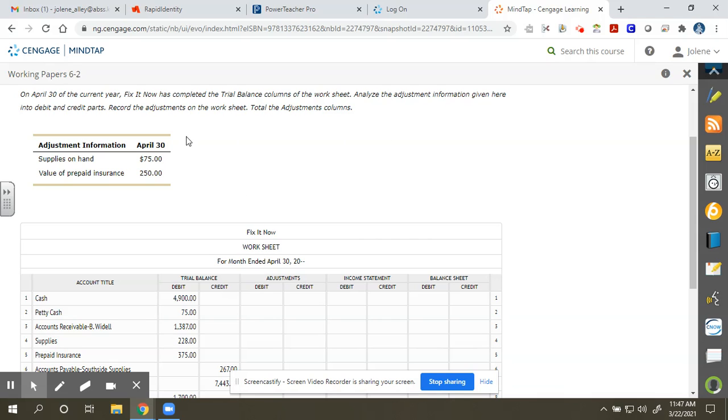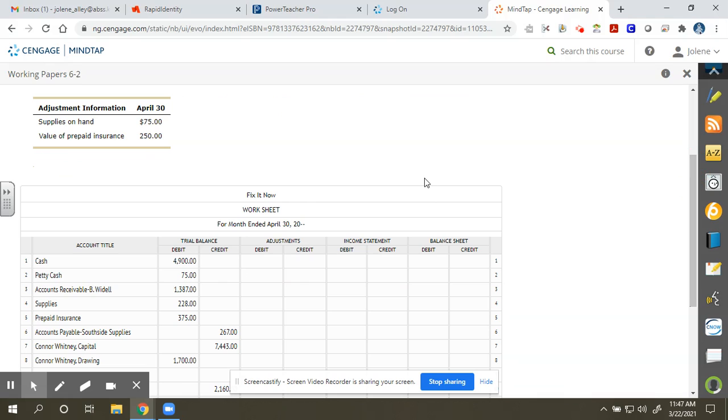All right, so on April 30th, somebody went through their supply cabinet and found out that they only have $75 worth of supplies. You see, it says supplies on hand for April 30th, $75. Well, if you look down here, they started the month with $228 of supplies.